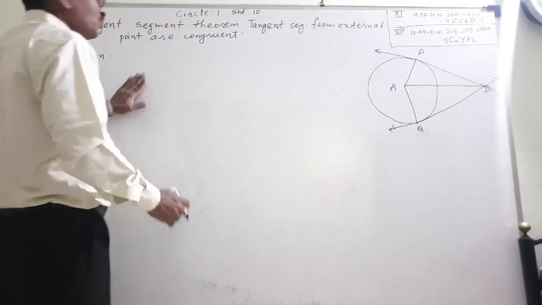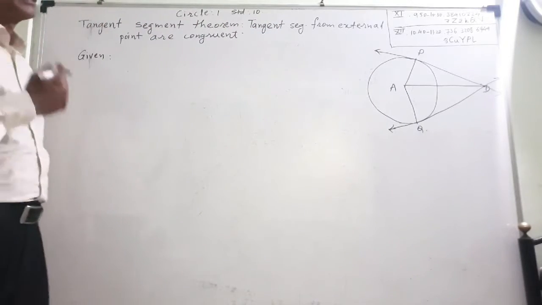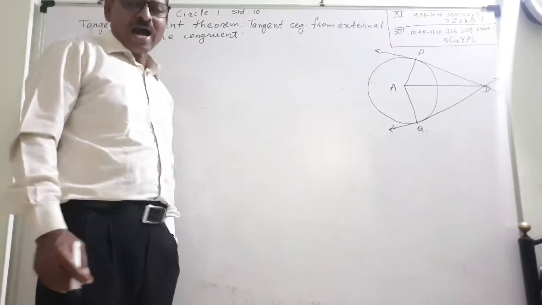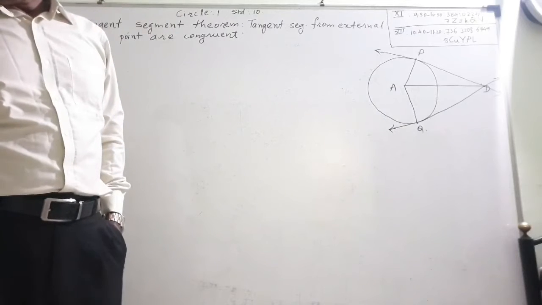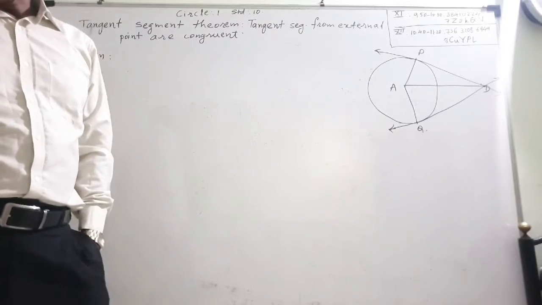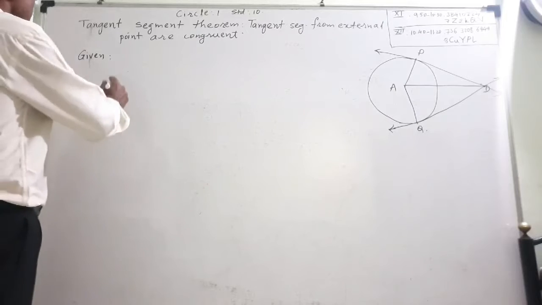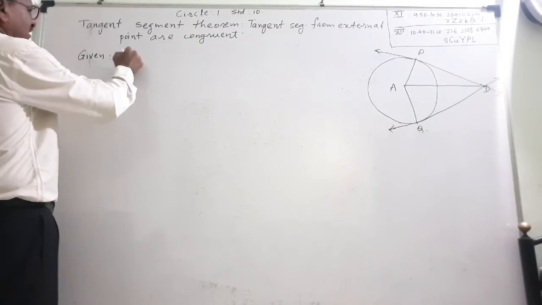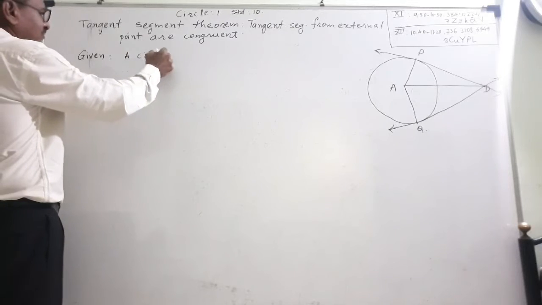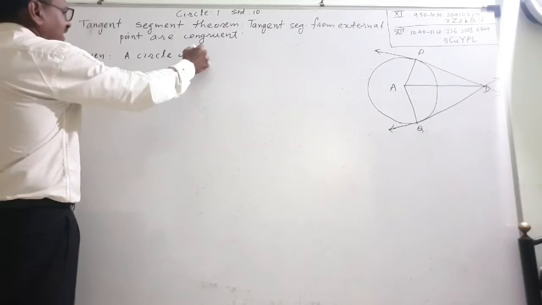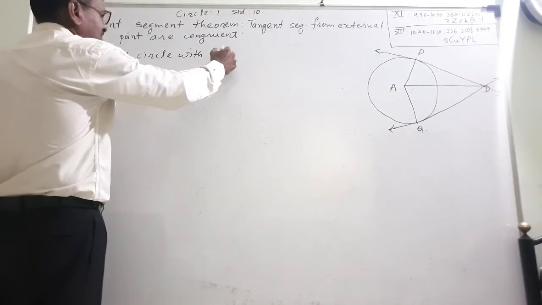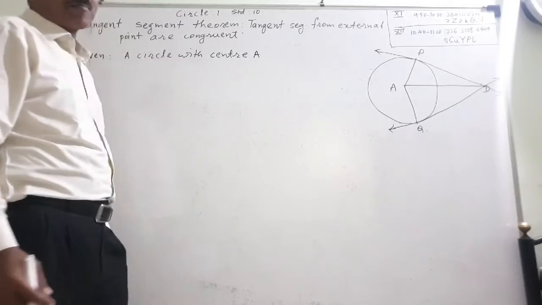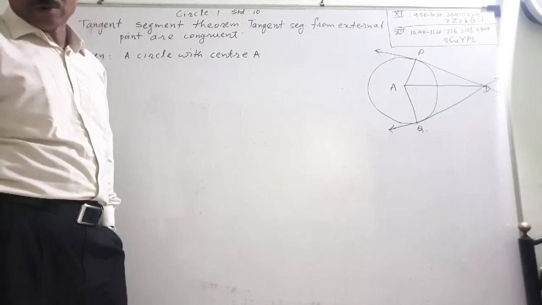What is given to prove? Given is a circle with center A, and PD and QD are the tangent segments drawn from the external point. So I will write the given. What is given? A circle with center A. This proof is not given completely in the textbook. It is asked as fill in the blanks.